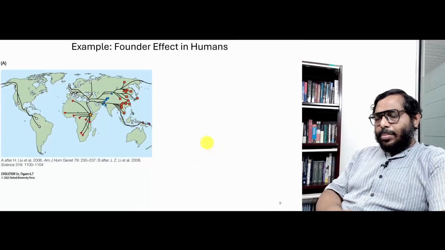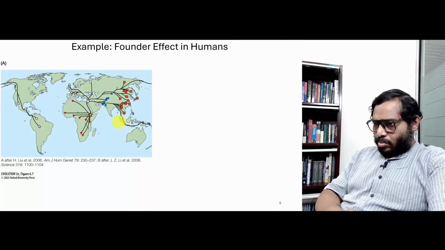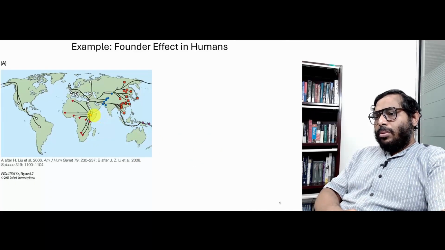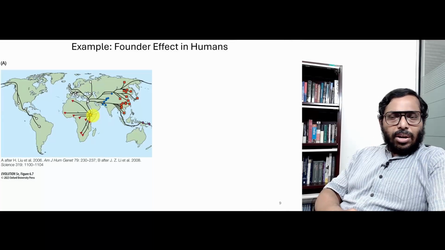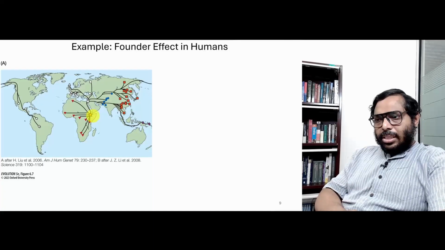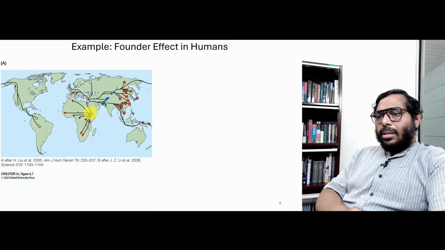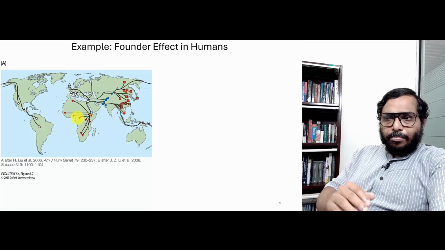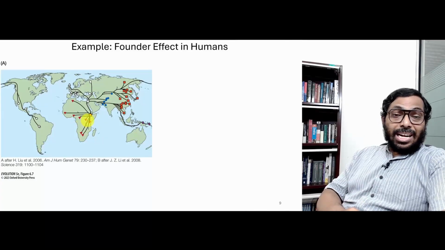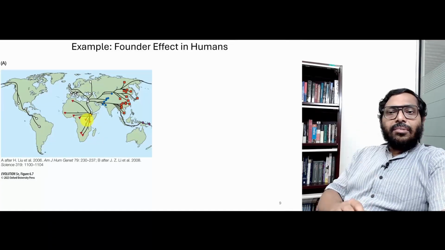As far as scientists have been able to trace out, human beings originated, you can see the yellow star here, that is Addis Ababa somewhere in East Africa, and from there were lots of migration events towards other parts of Africa. These are represented as these red inverted triangles.